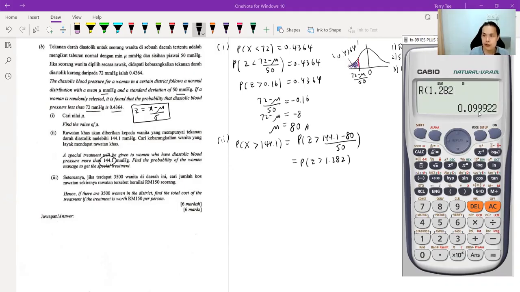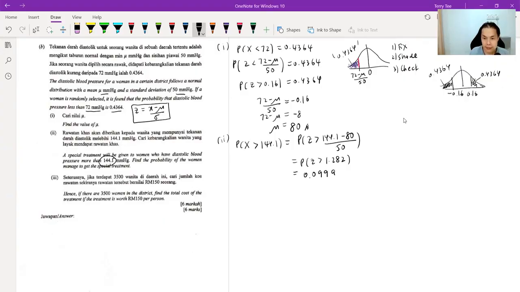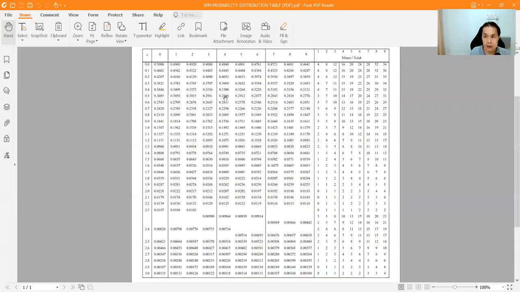There you go. 0.0999. Yeah, 0.0999. It's a bit small.